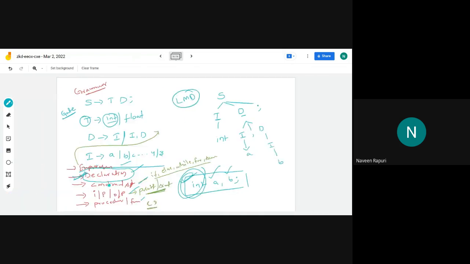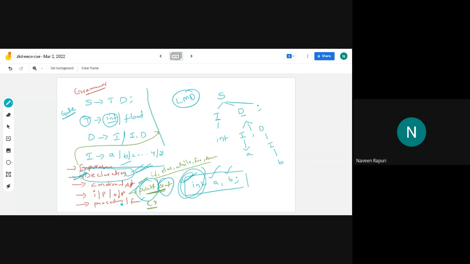That's why this is declaration, and it is not conditional, because if, else, while, for, switch, break or continue, anything is not there. Coming to input or output, we have printf and scanf, and those are also not present in this grammar.